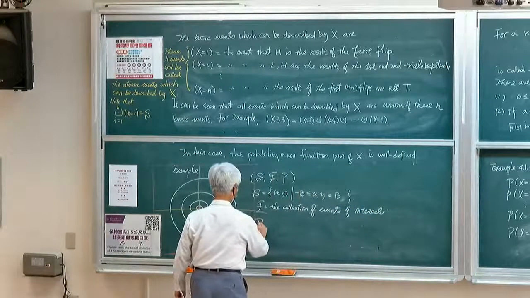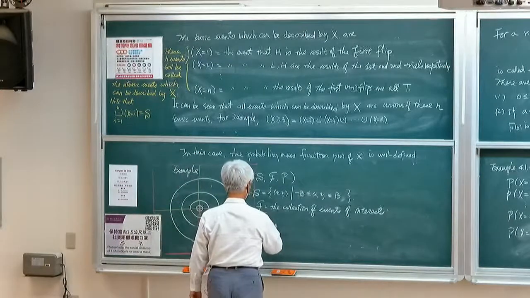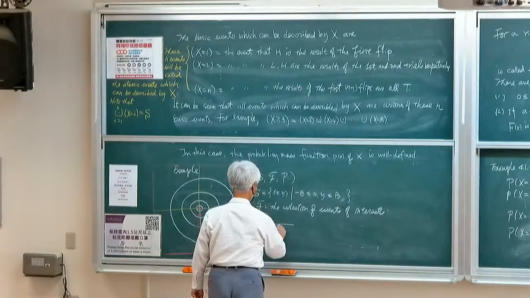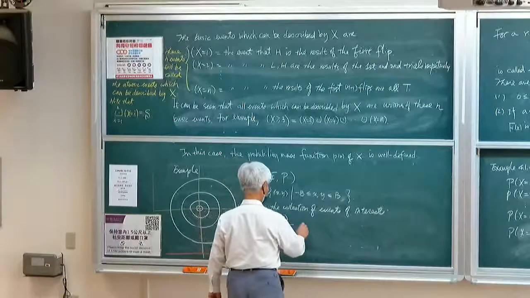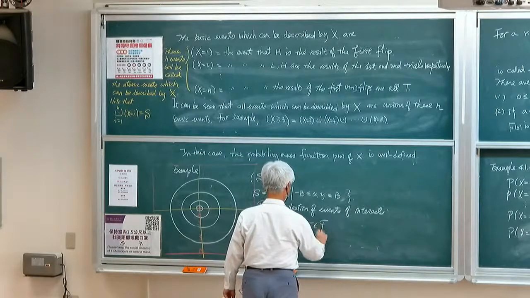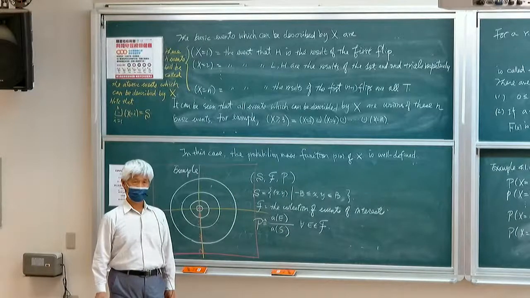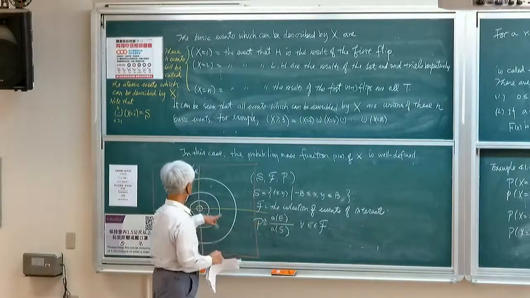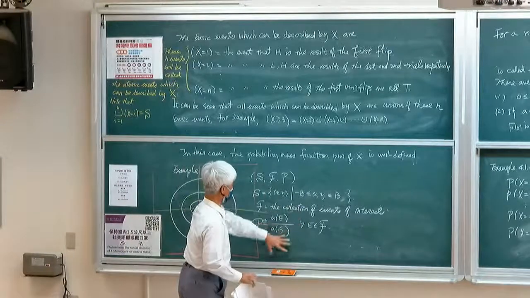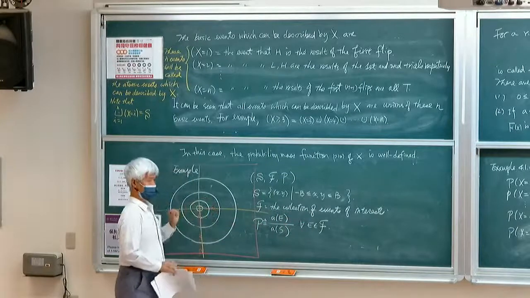Okay, and the probability can be defined to be the area of the event. Right, so A means the area, and the area of the sample space is 1, and the area of the event collected.